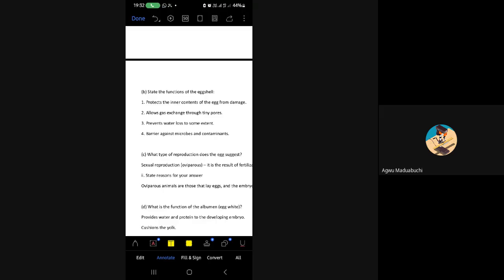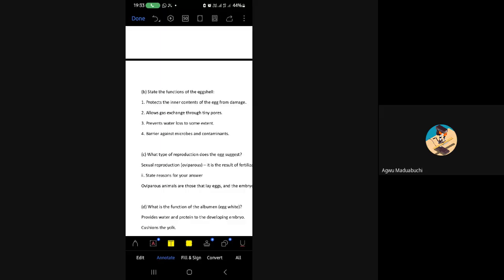So the number one function of the eggshell is that it protects the contents of the egg. Everything within the egg is protected by the shell. It protects those things from mechanical damage. It protects those structures from injuries. Another thing is that the shell is permeable.